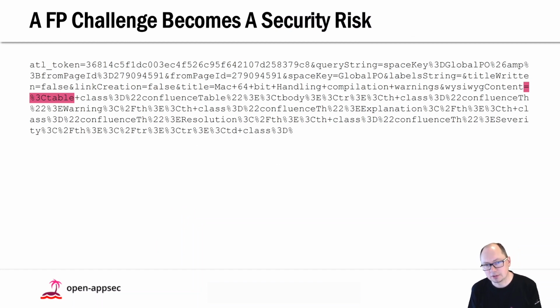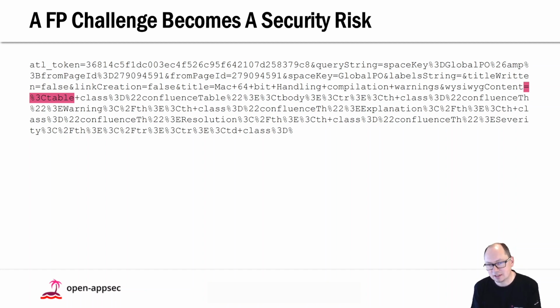If we look at a pretty famous wiki solution used in many enterprises today, the Confluence wiki, there's a very common use case: when you create or edit wiki pages, you obviously also have tables on your page.